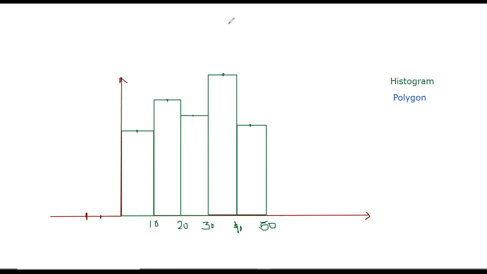And if you are marking it on the positive side, the value comes out to be here, but the midpoint will be here. Now what is to be done, guys? You will be joining the midpoints to form the polygon. For example, over here, these two midpoints will be joined, and after that, these two midpoints will be joined. You need to join this with the help of a scale and pencil.